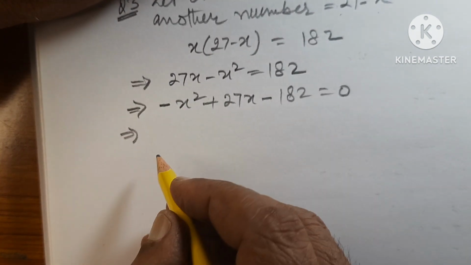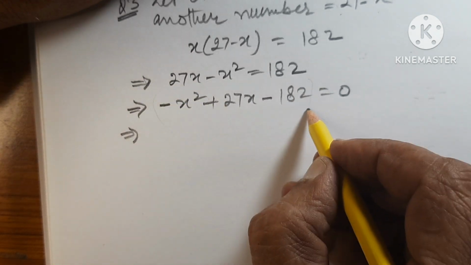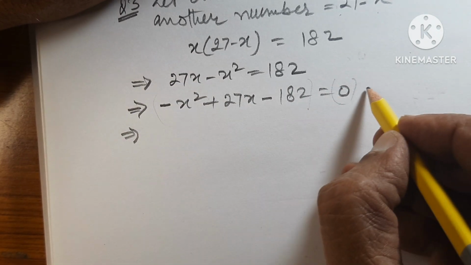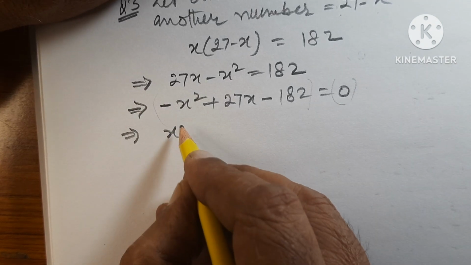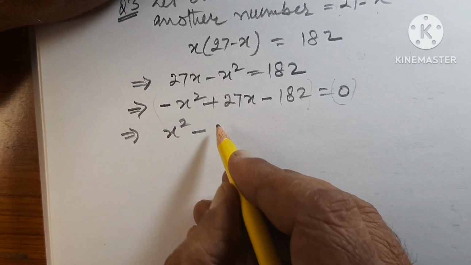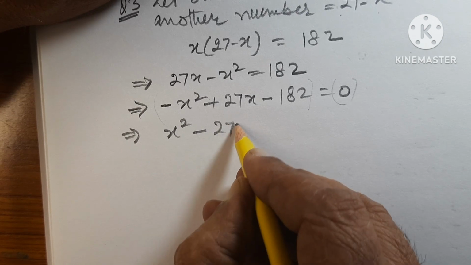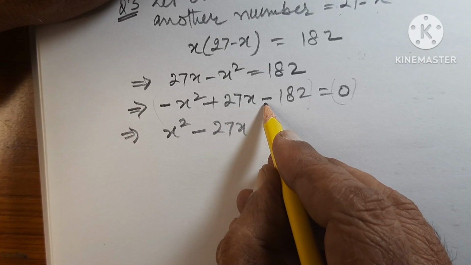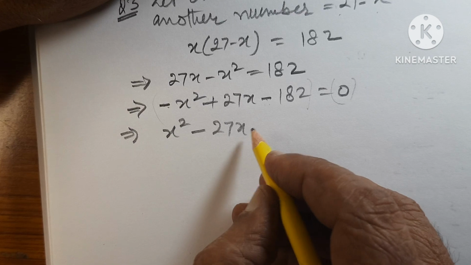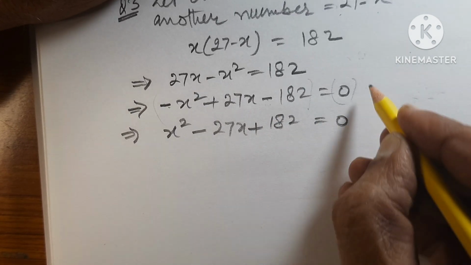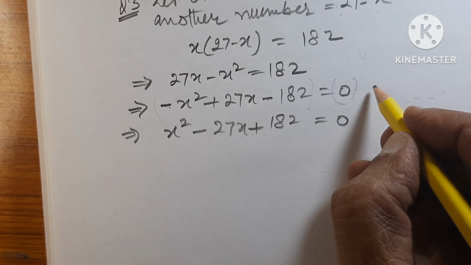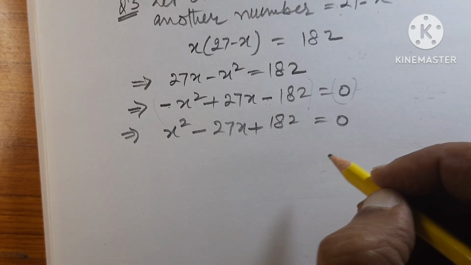The highest term is always kept positive, so I will multiply the whole equation by minus on both sides. Minus x square will become x square, this minus 27x will become minus 27x, and this minus 182 will become plus 182, equal to 0. When you multiply 0 with any number, it always remains 0.